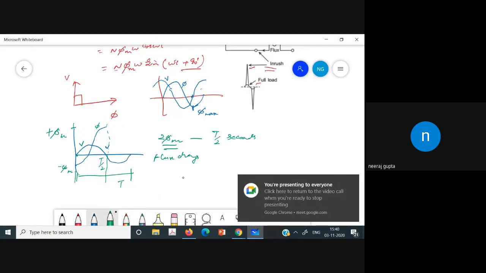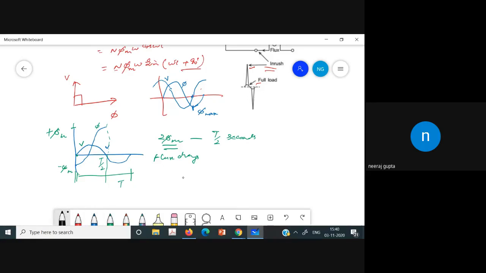And in this case, we will see that if the transformer is started at this point, that is the positive zero crossing of the voltage waveform, and let us assume that the residual flux, phi r, is initially equal to 0. So what happens?